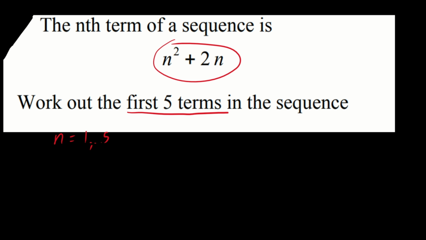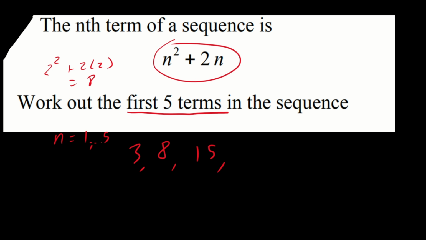So 1 squared plus 2 multiplied by 1 is 3. So the first value is 3. Then you plug in 2, so 2 squared plus 2 multiplied by 2 is 4 plus 4, which is 8. And 3 squared is 9, plus 6 is 15.